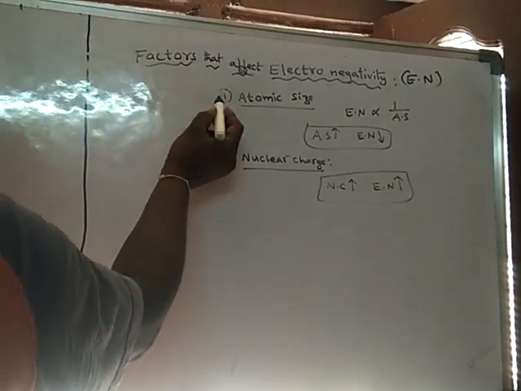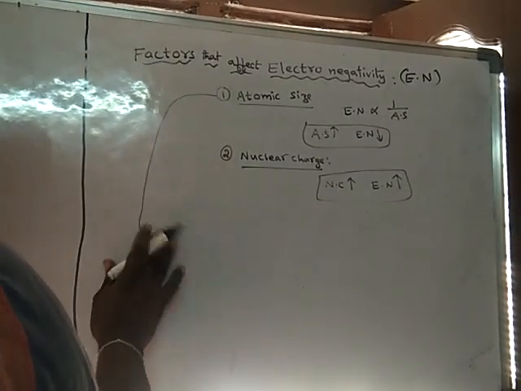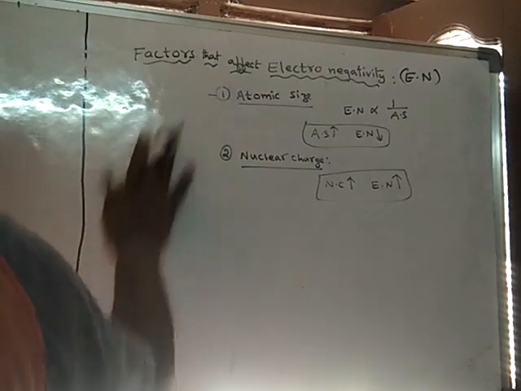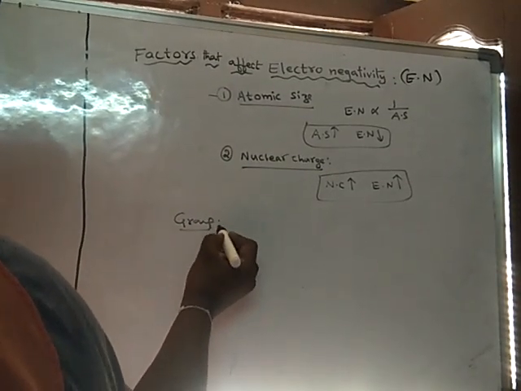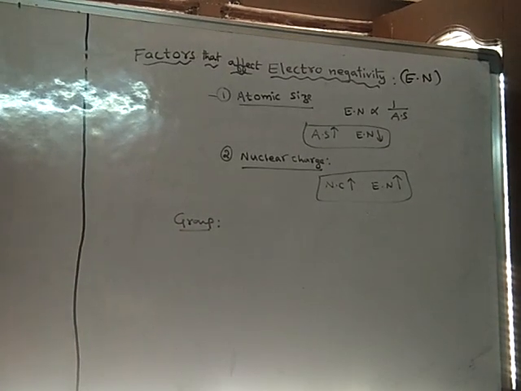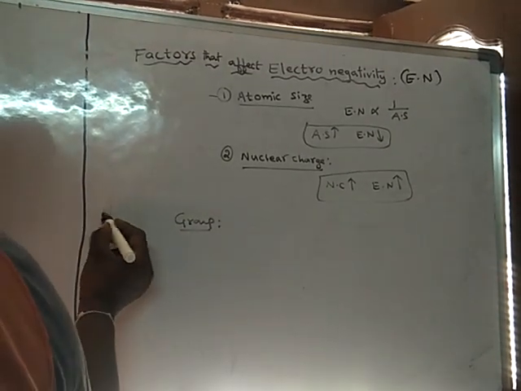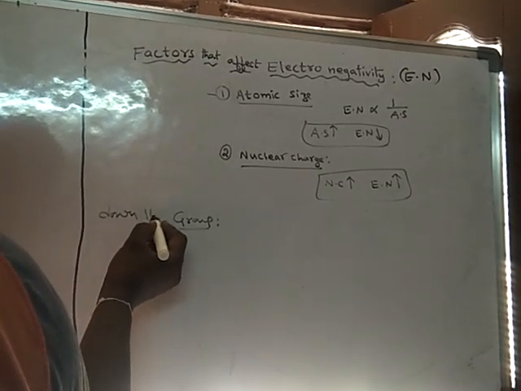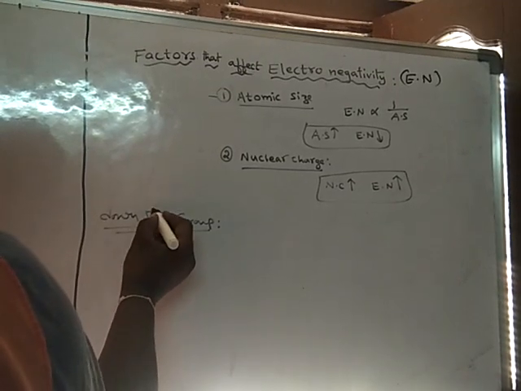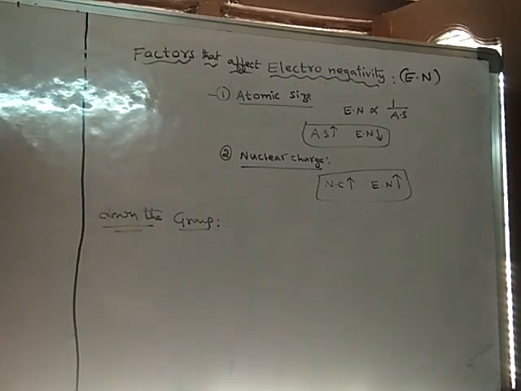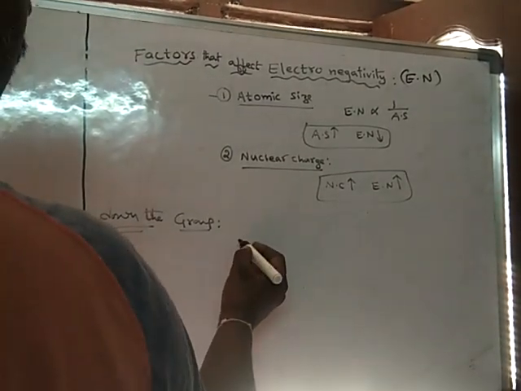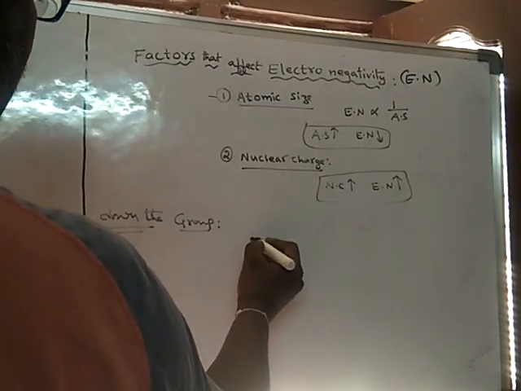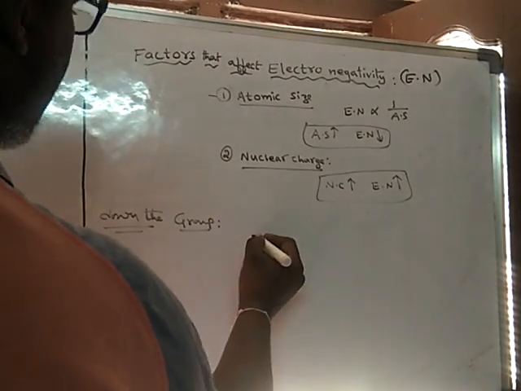Now if you see along a group, what happens? Down the group, what happens to the electronegativity?